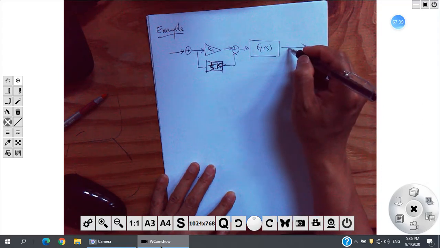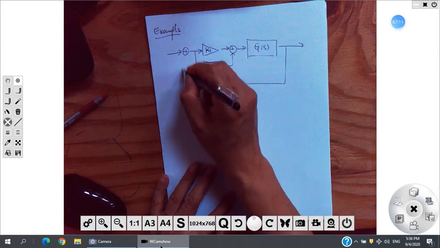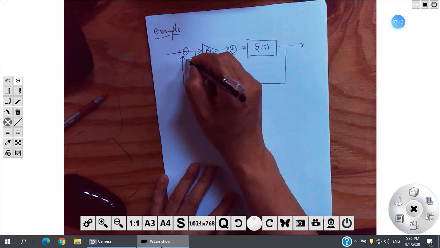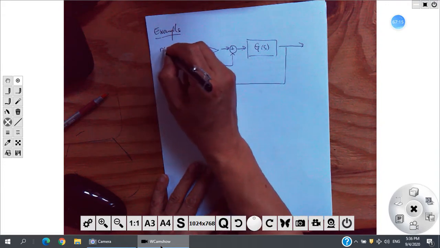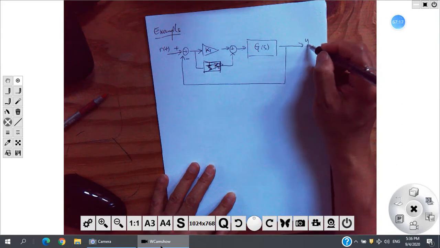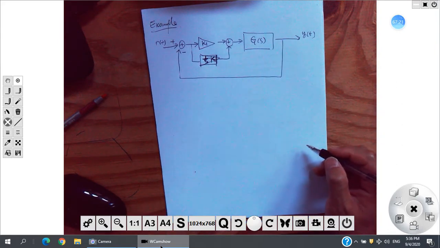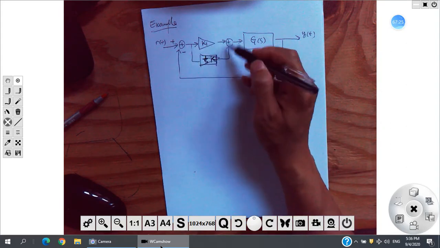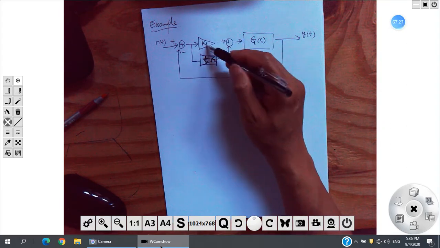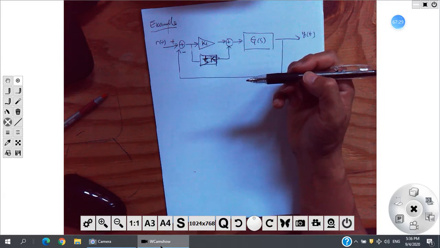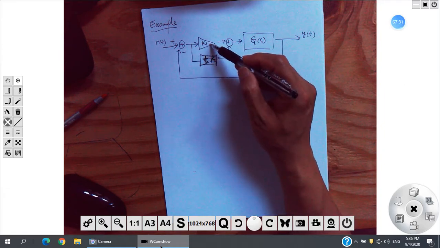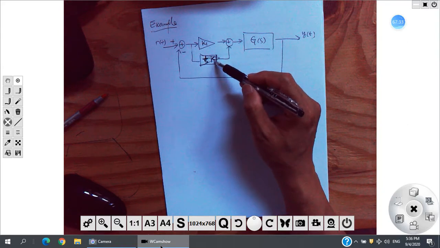And here we have a feedback. The feedback is still unit. R of t is y of t. You can see this kind of feedback system, the controller has two parameters. One is just a constant, the other is a constant times 1/s.